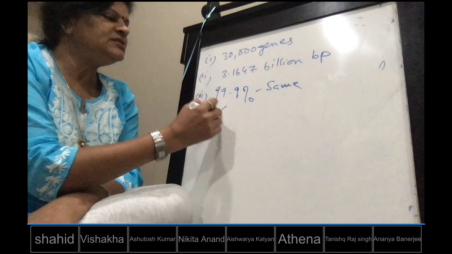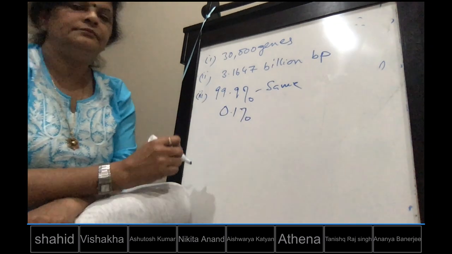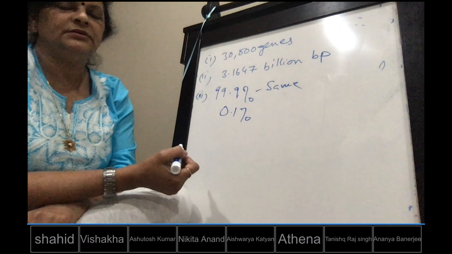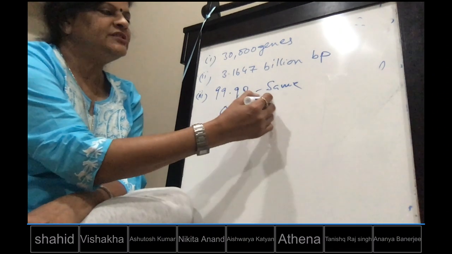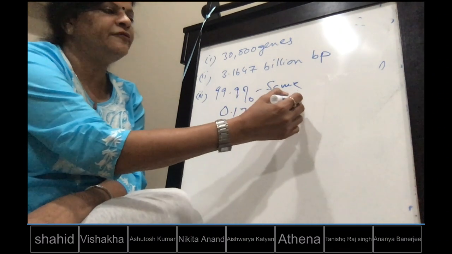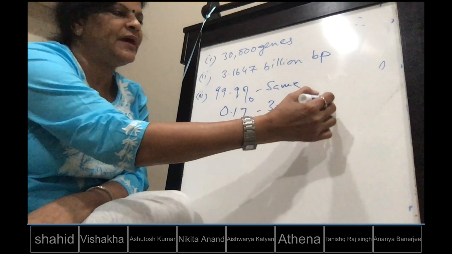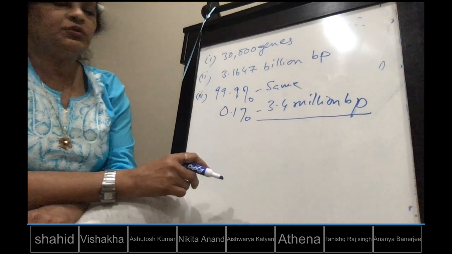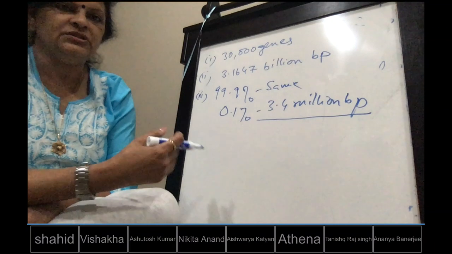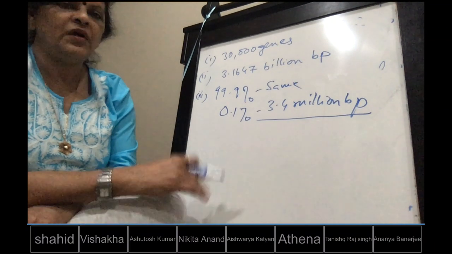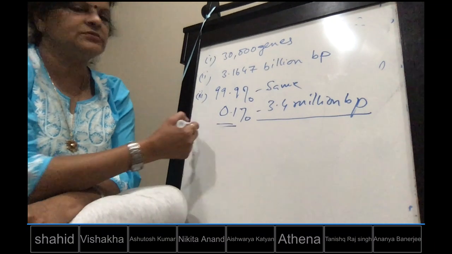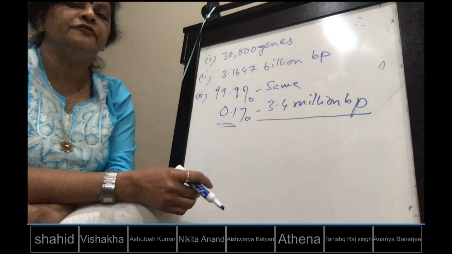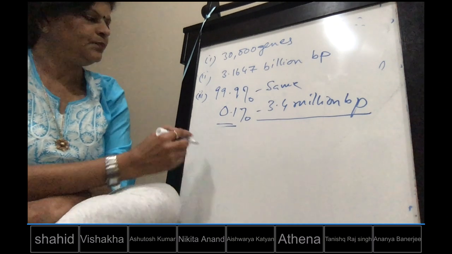The difference is in 0.1%, obviously. 0.1% difference is there, which amounts to 3.4 million base pairs. So the difference in the human genome from one person to another is only this much, 0.1%, which amounts to 3.4 million base pairs.